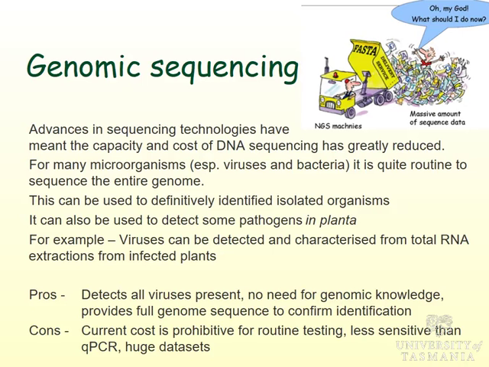So, what do we do with it? Why is that useful? Well, nowadays, particularly for small organisms, it's a bit harder for fungi, but certainly for viruses and even for bacteria, getting a whole genome is now relatively easy.